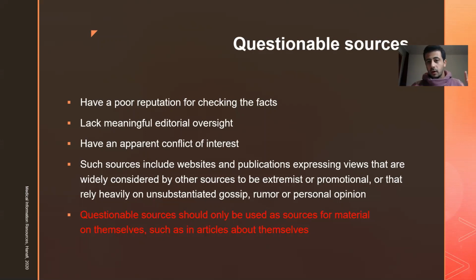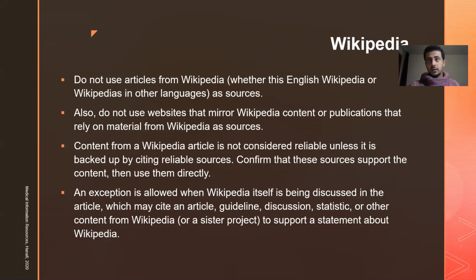All of those are considered questionable resources, so you need to avoid them. Because we are searching even on Google, sometimes we get to sources that we can't rely on. We can't use Wikipedia as a reference, but sometimes we can read from Wikipedia and use its references as our own references. So you can make use of it, but not cite it.